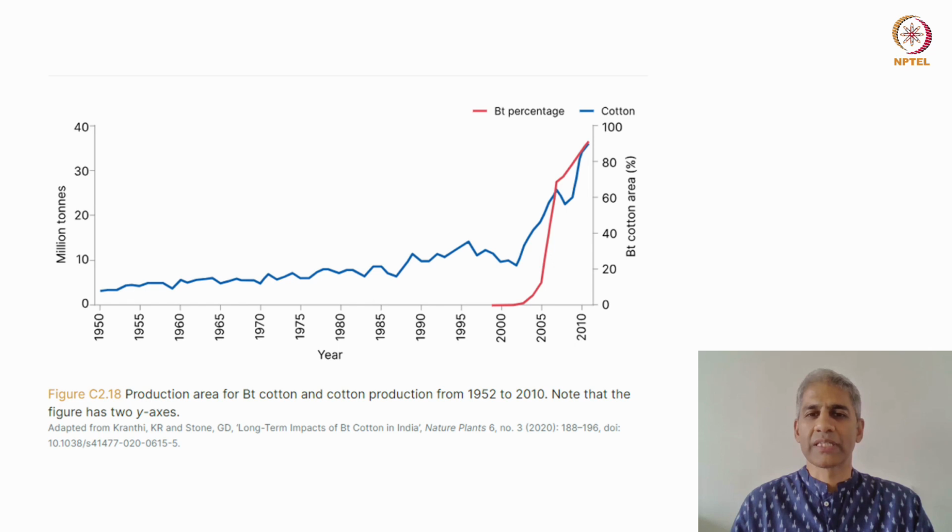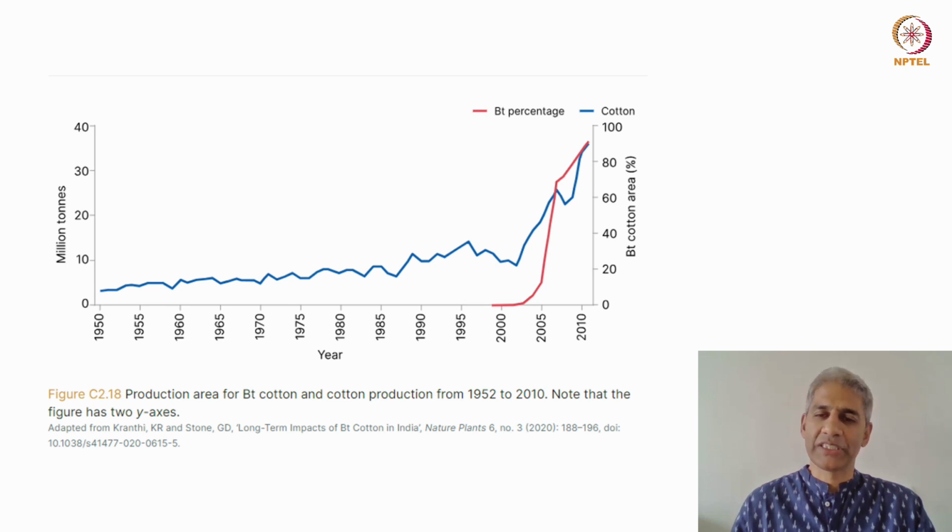But after 2000, there's a sudden jump in the amount of cotton grown in India. And then the red line is the amount of Bt cotton area being cultivated. Right after its introduction in 2002, the area under Bt cotton cultivation jumped, and by 2010, close to 90% of cotton being grown in India was Bt.